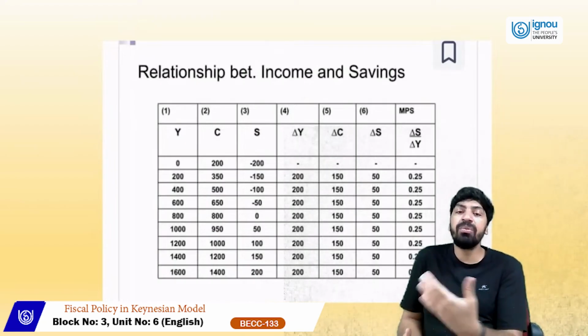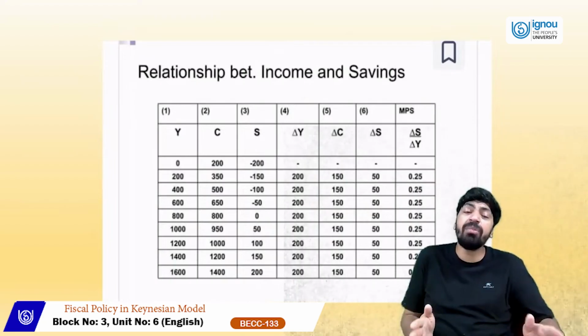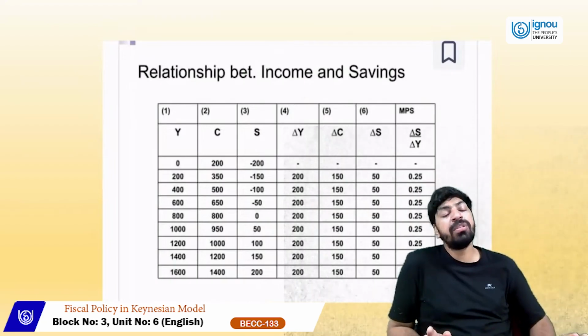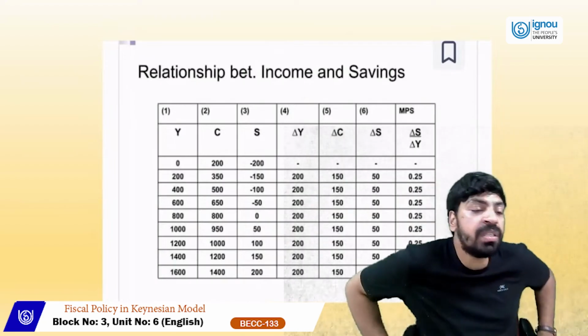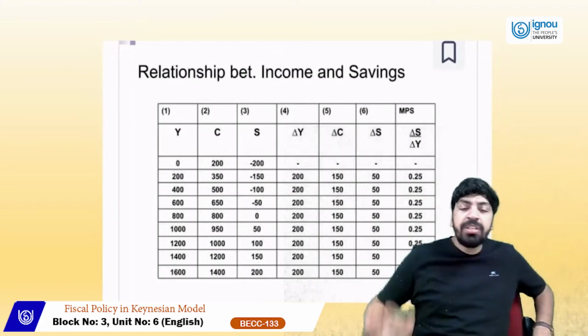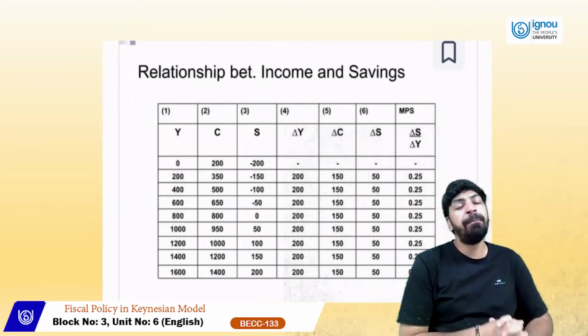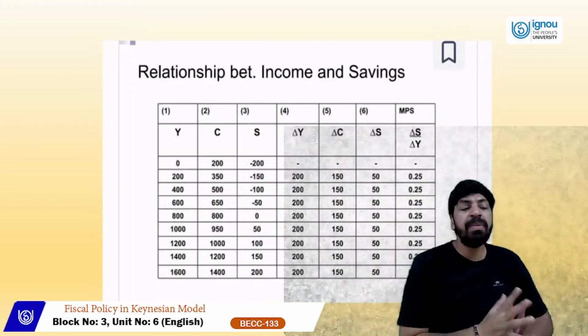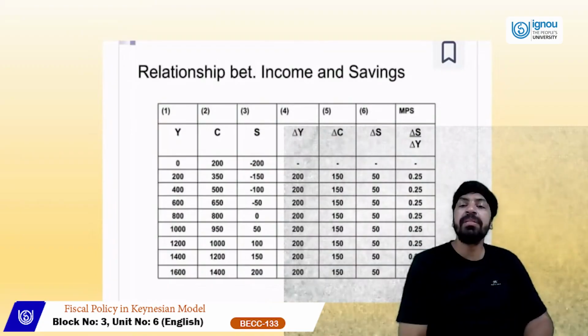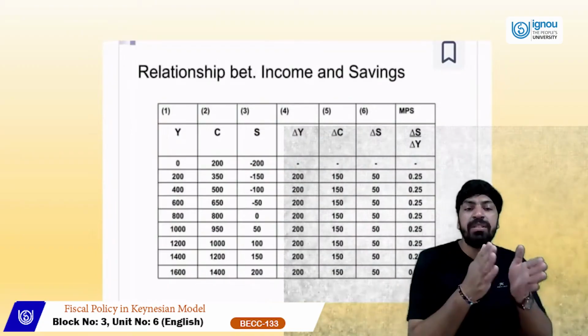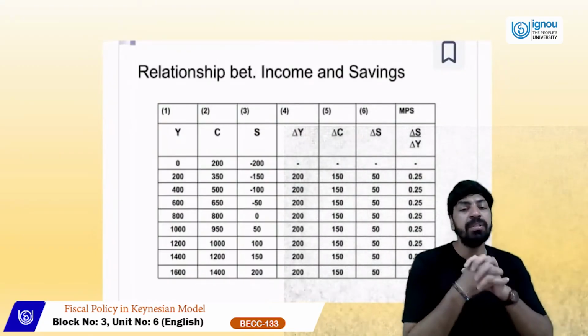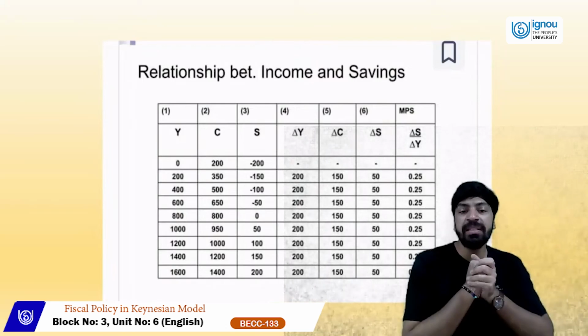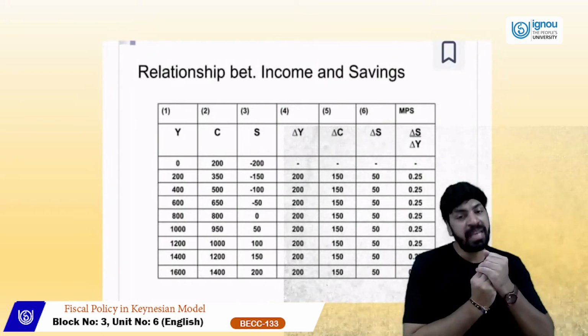So let's begin the question. In this question, the income and consumption have been given to you, and you need to calculate the MPS. MPS stands for marginal propensity to save. Once you have income and consumption, you can easily calculate savings.